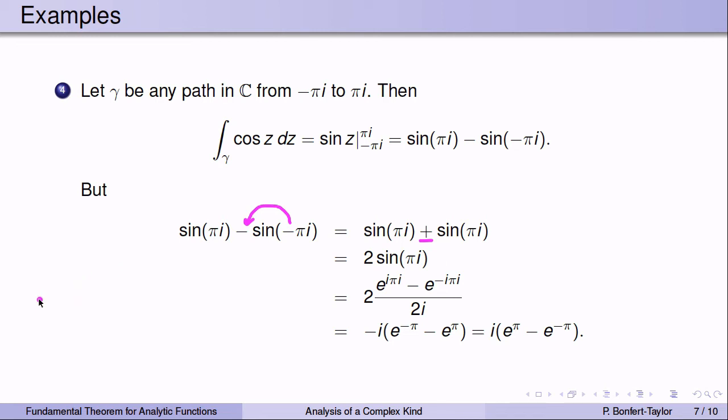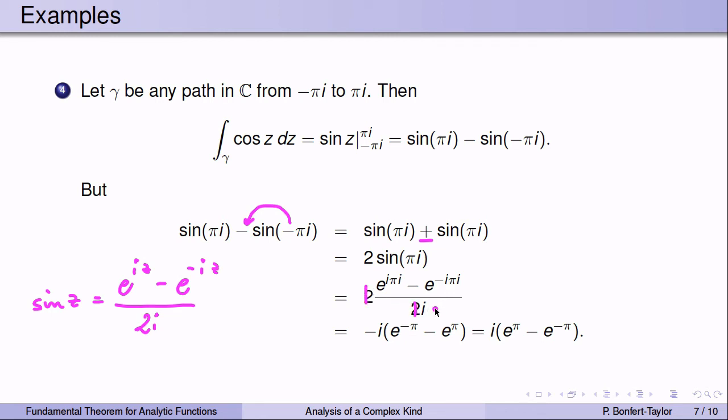Now remember how the complex sine function is defined. Sine of z is defined as e to the iz minus e to the minus iz over 2i. Together with a 2 in front of it, we get 2 times e to the i·πi minus e to the minus i·πi divided by 2i. The 2's cancel out.